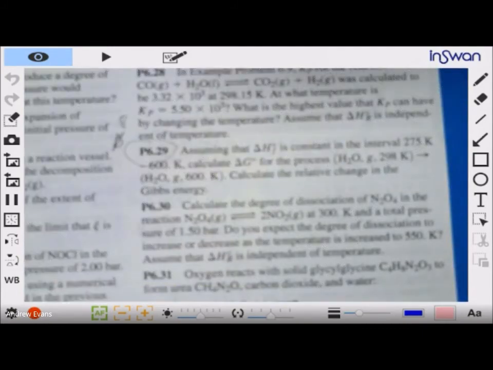Assuming the standard enthalpy of formation is constant over the interval from 275 Kelvin to 600 Kelvin, calculate the standard Gibbs free energy for the process where water gas is heated from 298 Kelvin to 600 Kelvin. Calculate the relative change in the Gibbs energy.